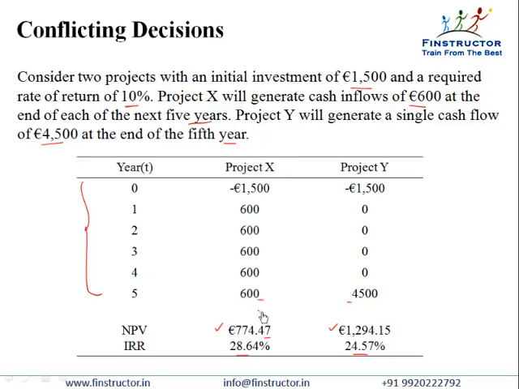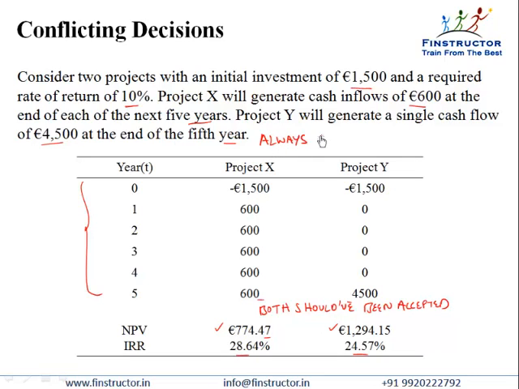If the projects were not mutually exclusive, then both could have been accepted, rather both should have been accepted, because both are positively impacting shareholder wealth. But because at one point in time only one of them can be taken, always go with the project with the higher NPV.